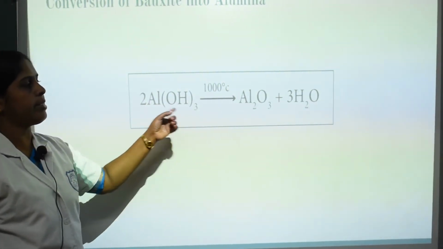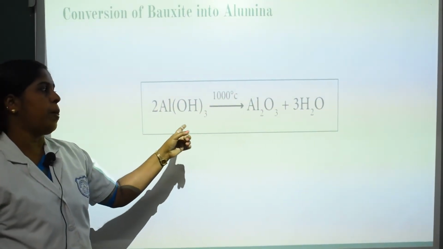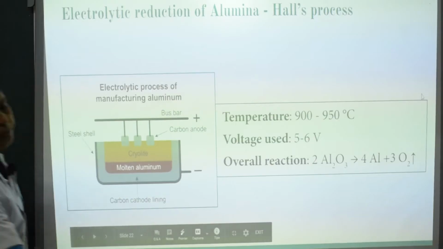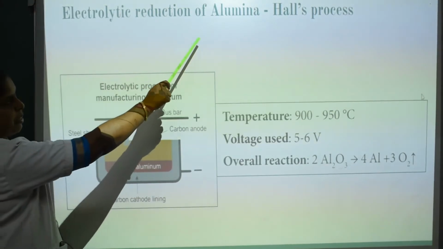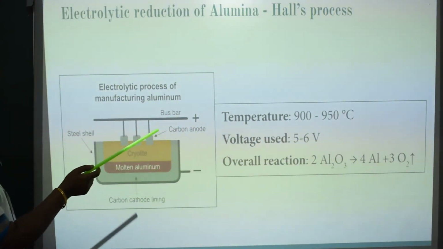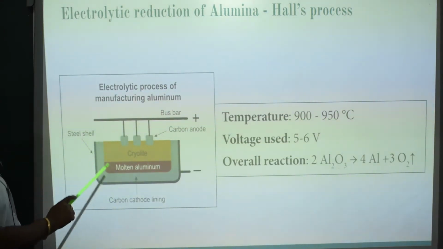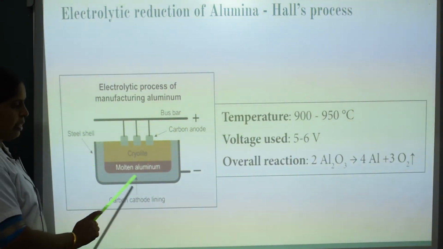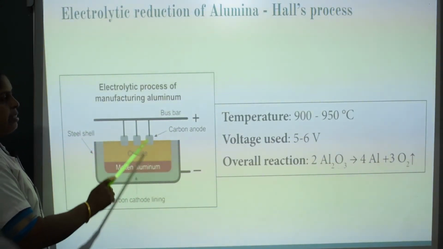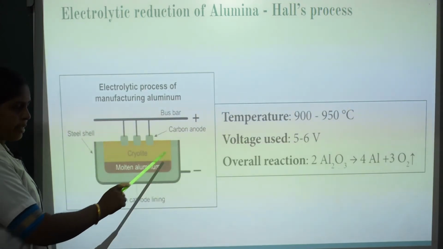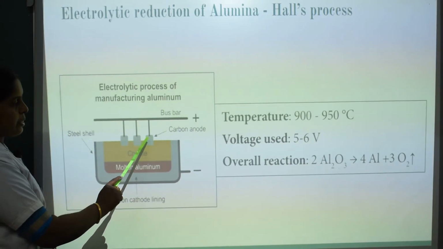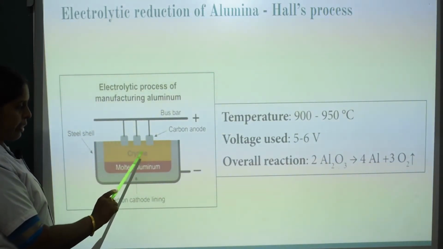This alumina is next converted into aluminium by Hall's process, that is the electrolytic reduction method. For this, an electrolytic tank is used. The electrolytic tank is an iron tank lined with graphite, which is used as the cathode. The anode is graphite rods suspended inside the electrolyte.